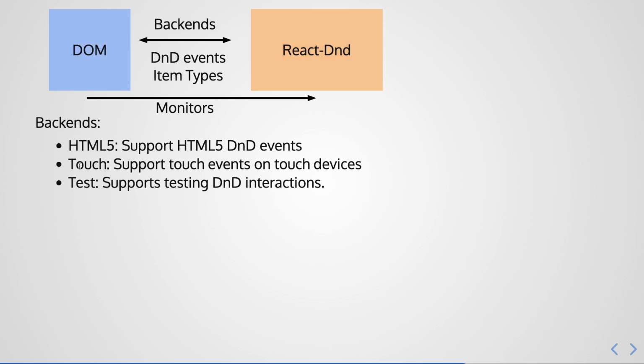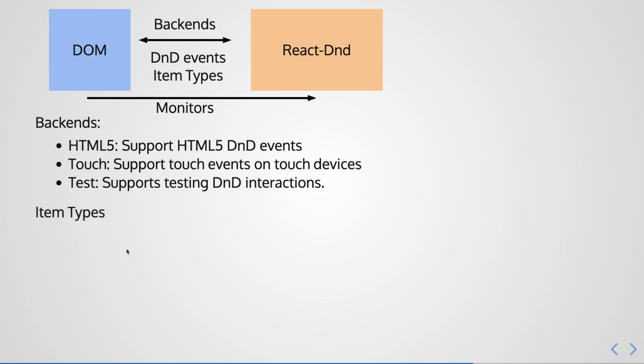That is up to you, and that's why there is the concept of the backend. Right now, there are 3 backends. You have HTML5, which is the general one which we will be using. You have the touch backend, in which you can support touch interactions, and you have the testing backend also, which I haven't really got into. But I'm guessing that is where you can test all the interactions and test what happens and what your DOM is telling you and so on.